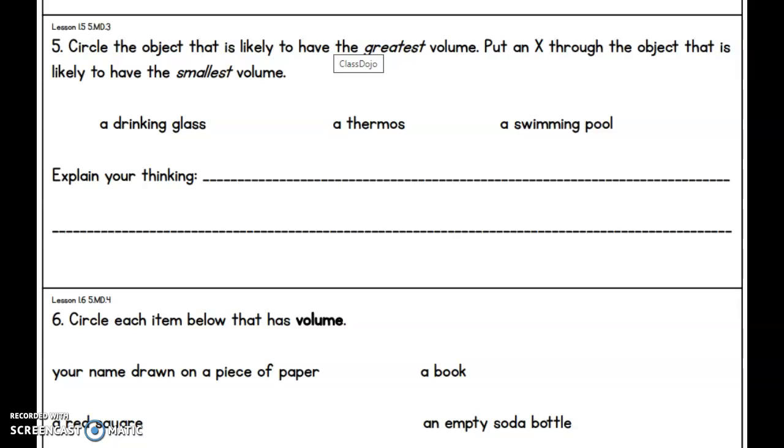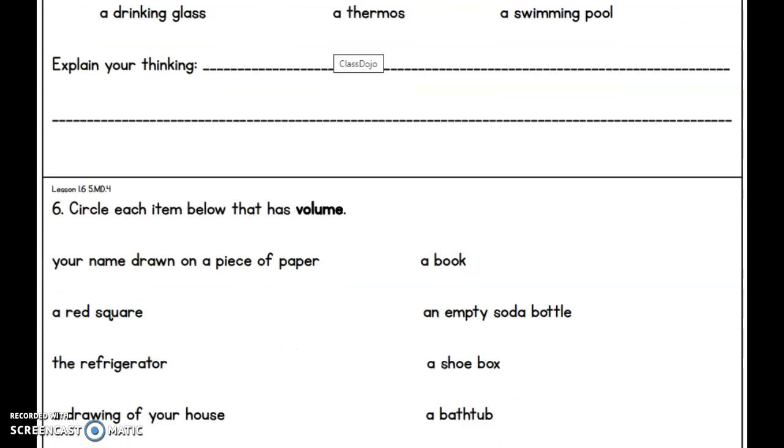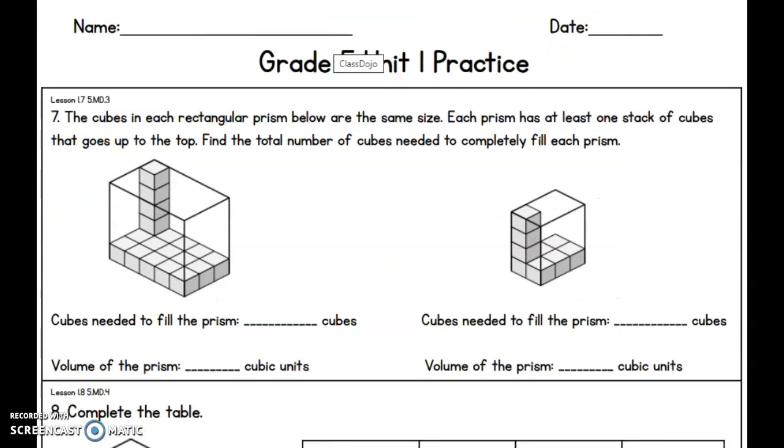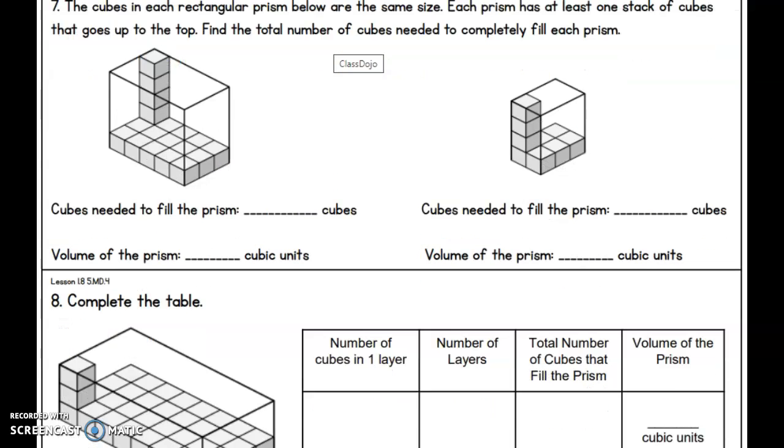You will be taking a picture of each of these pages and uploading it onto Seesaw when we ask you to do so, so please make sure that you are writing clearly. Continuing practicing with volume, which as a friendly reminder is 3 dimensions instead of 2 dimensions, which is area. You are going to be using cubes to find the volume of each of these rectangular prisms.